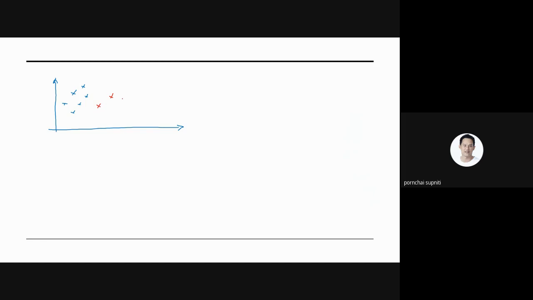The blue colors will represent one class of data, and the other color will be used for the other type of data. When you have this type of data, we can call them data vectors.